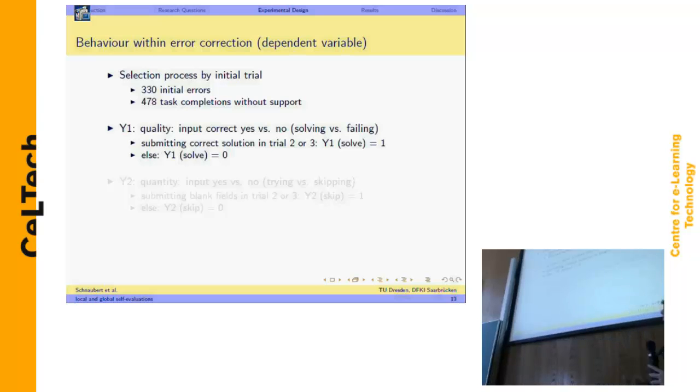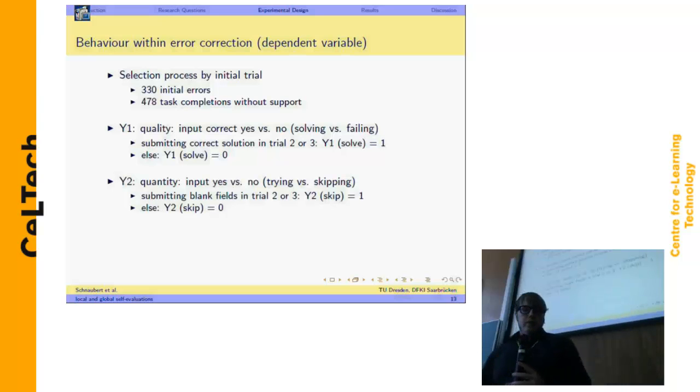Based on this sample, we then coded our two variables: quality of input, namely was it correct or not, and quantity of input, did they provide a solution or not. By this, we just looked at whether they tried to do anything in the interface. As soon as they manipulated something, it was not considered a skip anymore. If they didn't manipulate anything, it was a skip.